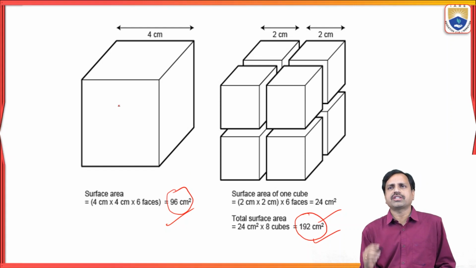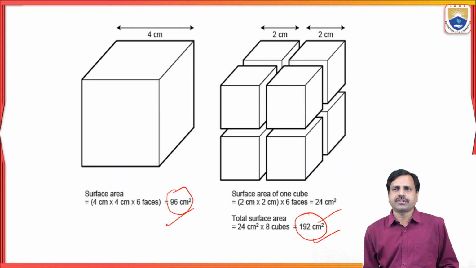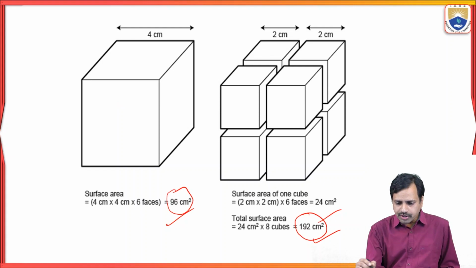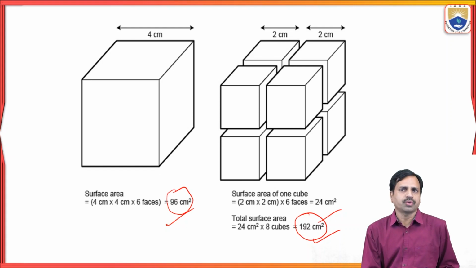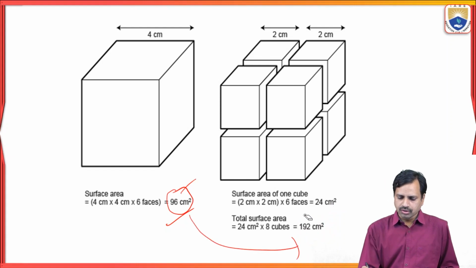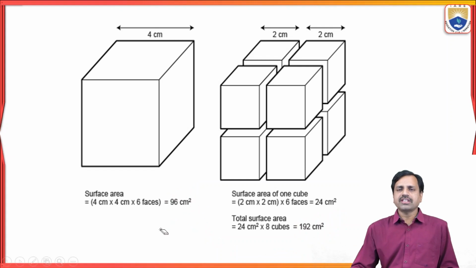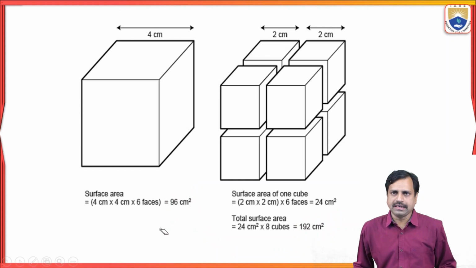The same cube is cut into 8 pieces, and if you measure the surface area, it is 192 centimeters square, and this is 96 centimeters square. So you can see how much the surface area increases. Mainly, surface area plays a prominent role in catalytic reactions.